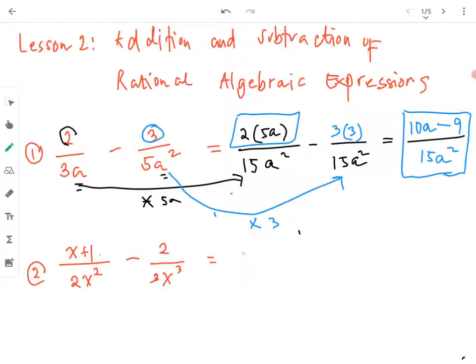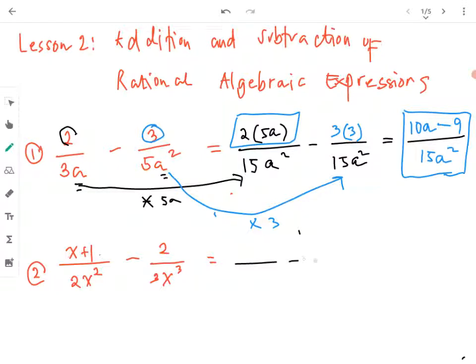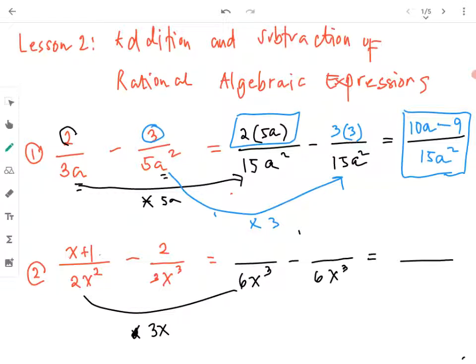Number 2. In number 2, the same, we have 2 and 3, our LCD is 6. Then x squared and x cubed, we get the higher exponent as our LCD. Okay. Then from 2 to 6x cubed, it's multiplied by 3x, okay, times 3x.